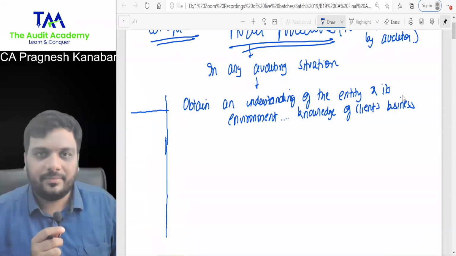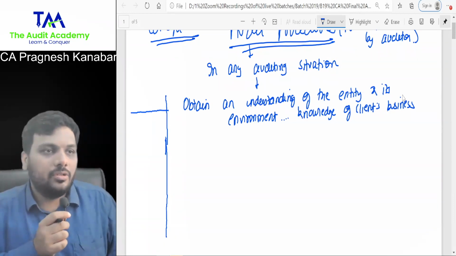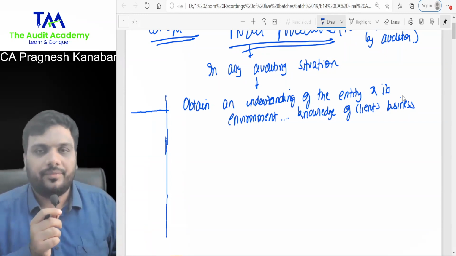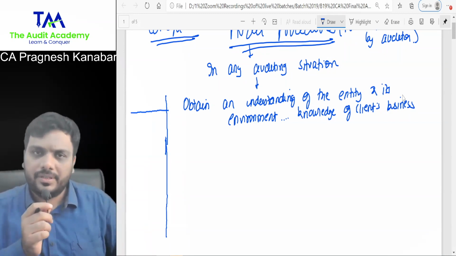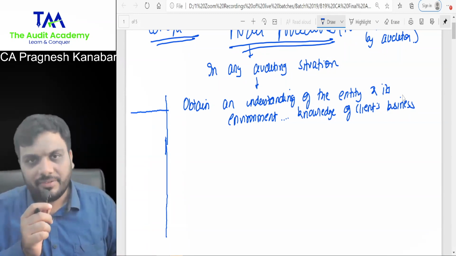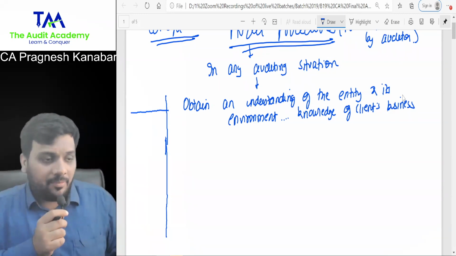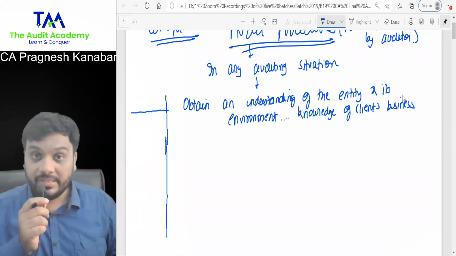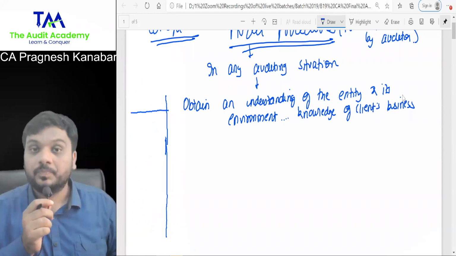For example, if I go to some departmental store, in a departmental store, you have to purchase the goods, you have to pay the money there and then itself and finish it off. And if I'm auditing a departmental store and I ask them, listen, can you please give me the data of your trade receivables and provision for doubtful debts?